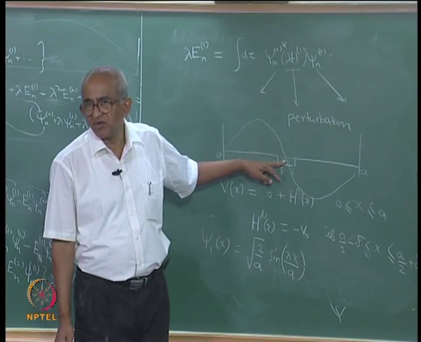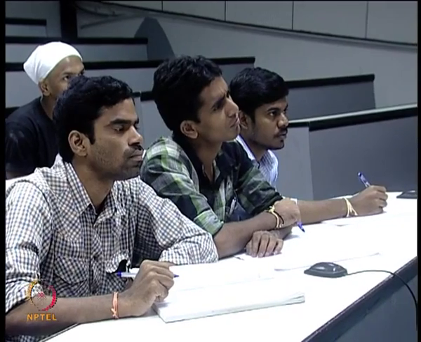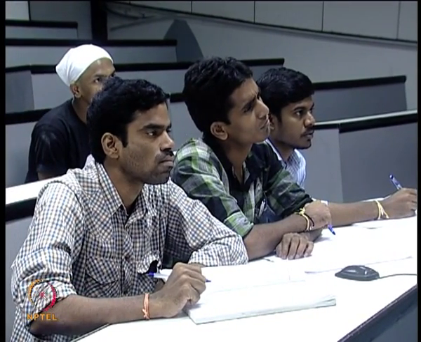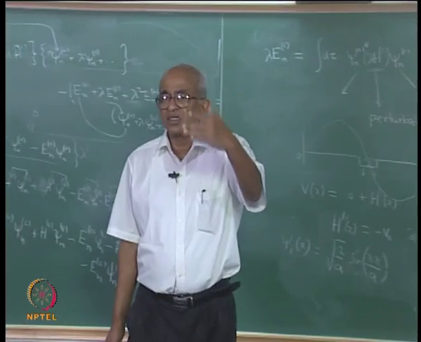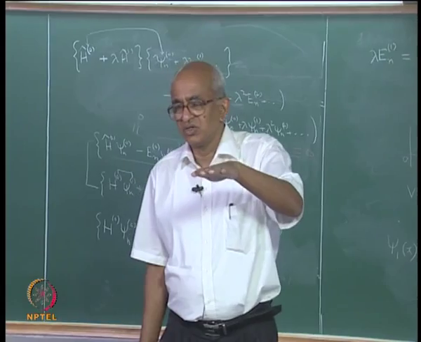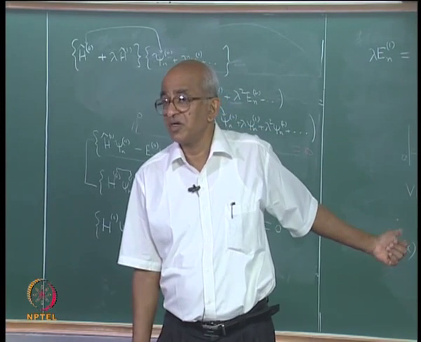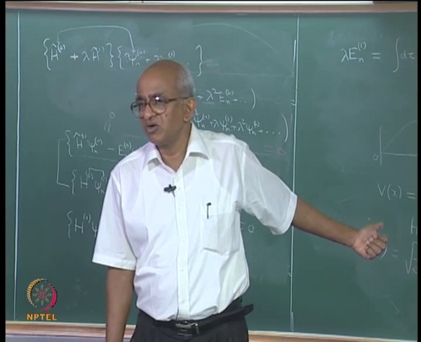The wave function would have a value of how much? 0. So within this kind of approximate calculation, the first excited state wave function has a value 0 right at the middle, and therefore the first order correction to the energy will turn out to be equal to 0.